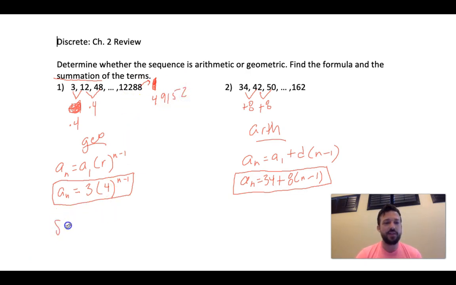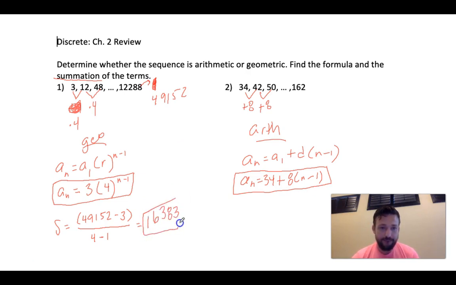Remember, to get the summation, it's going to be the term after the last one, 49152, subtracting the first term, all divided by the ratio, which is 4 minus 1. Let's work this out. That minus 3 divided by 3 is 16383, and that's our answer.